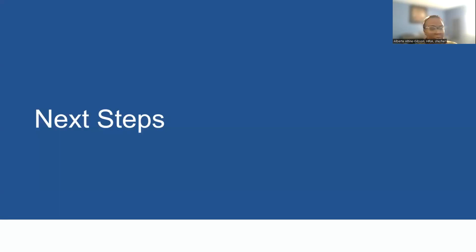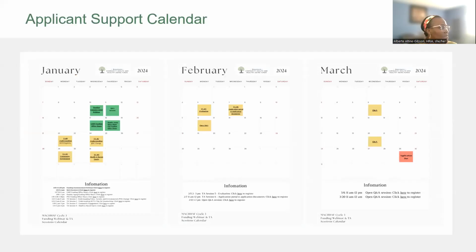And at this point, this is the applicant support calendar. And so these will be available. It's probably a little tough to see these, but the different office hours will be made available to you all on the website.